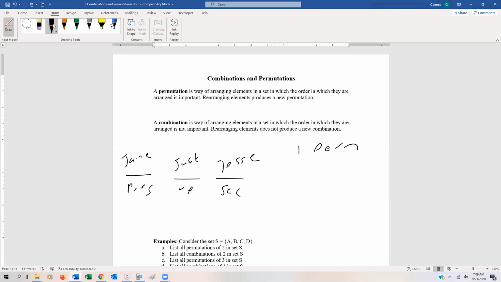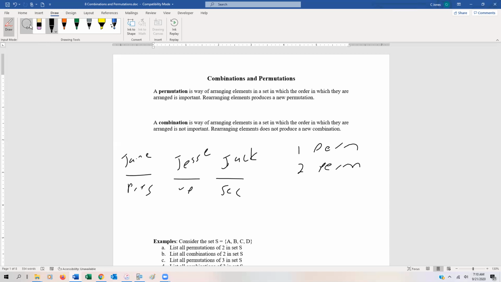But let's say I flip around Jack and Jesse. Let's say Jesse decided that they're going to flip around their positions. So now Jesse's the VP and Jack is now the secretary. That's another permutation, because the order in which they select the positions is important.